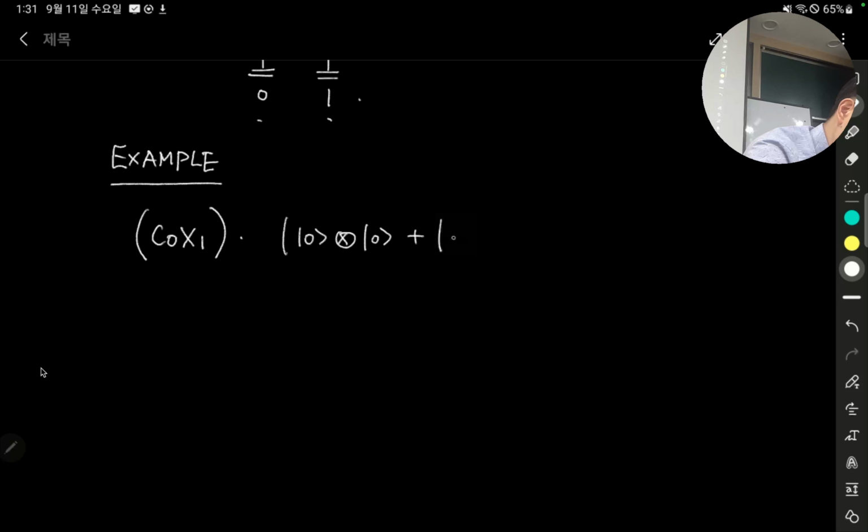Zero control. So let's compute the result.